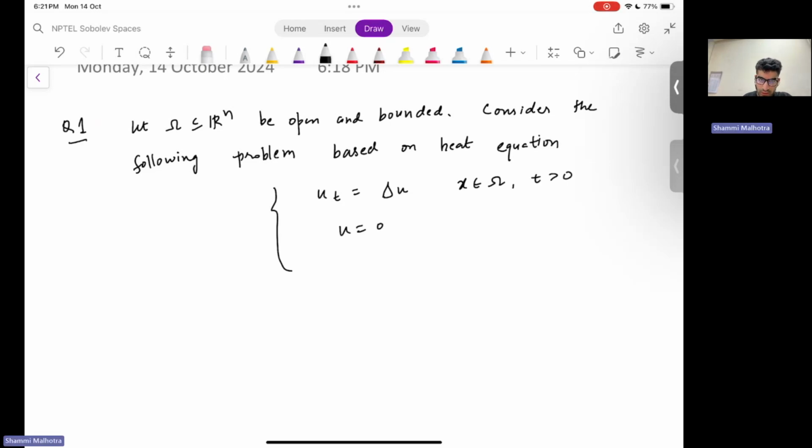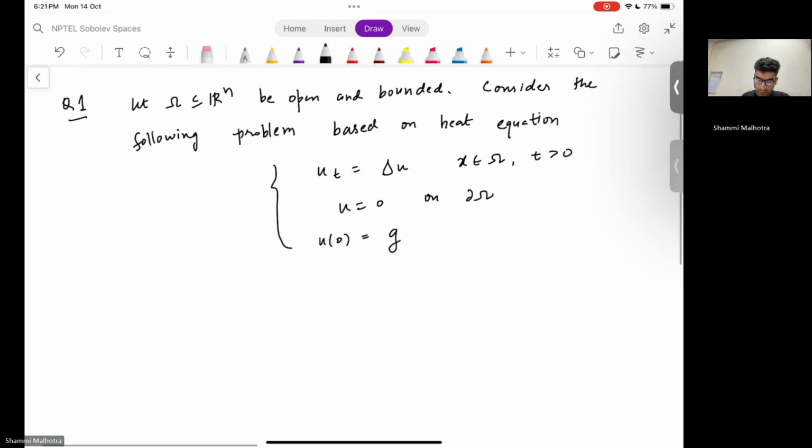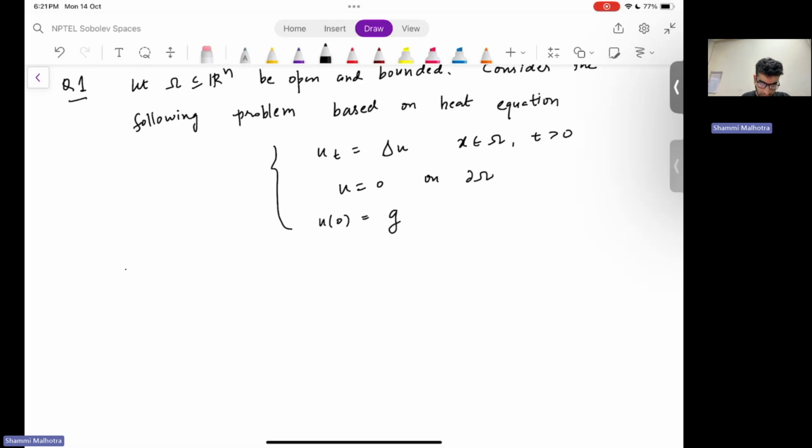It is a heat equation, and u is 0 on the boundary, and u at 0 is g. So at time equal to 0, I have g. This is my initial state, where g belongs to H2 omega intersection H1 omega.